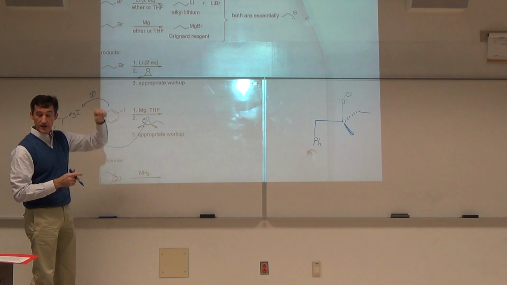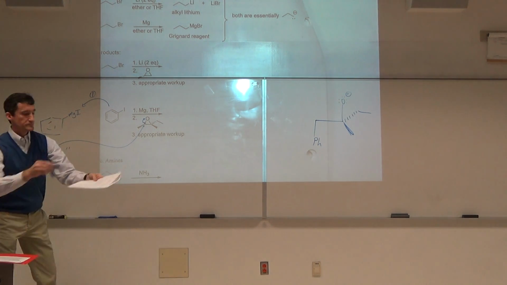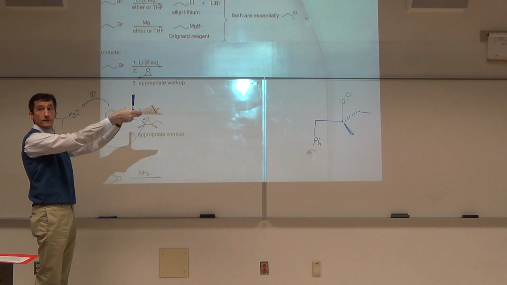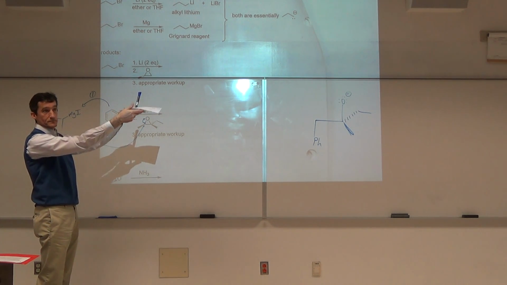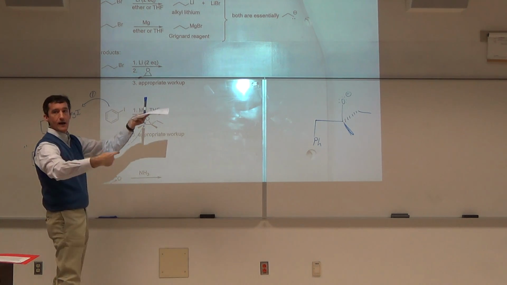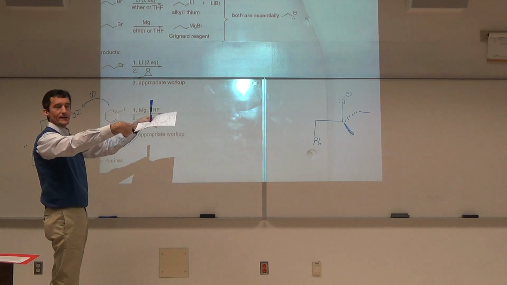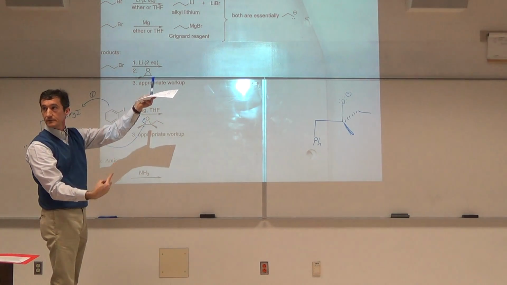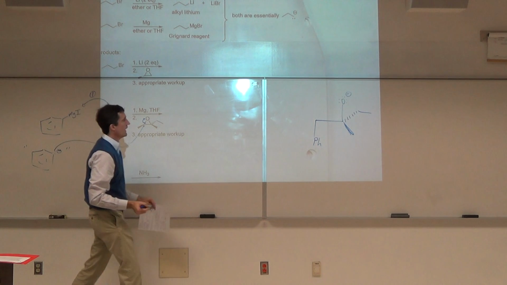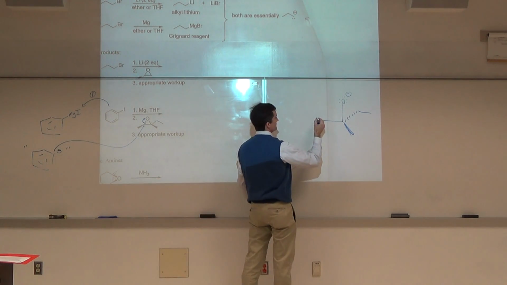If the leaving group is straight up, how's the nucleophile going to come in? Straight down, right? It's not going to come in from the front. That's not backside. What's backside to straight up? Right here. Yeah. How are we going to draw the methyl? We're going to draw it bolded.